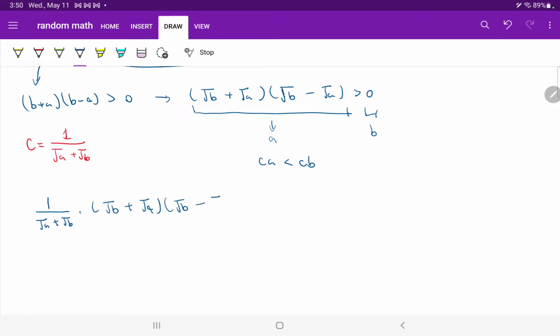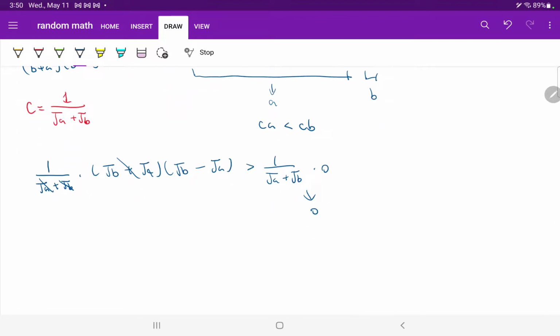times square root of b minus square root of a, bigger than 1 over square root of a plus square root of b times 0. As you can see, the square root of a plus square root of b cancels out with this. And then this will just become 0, because anything times 0 is 0, right? Especially if you have a 0 on top of it.